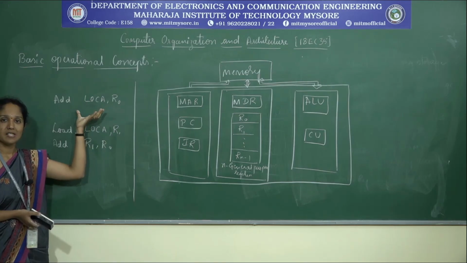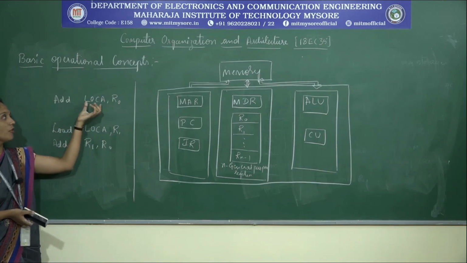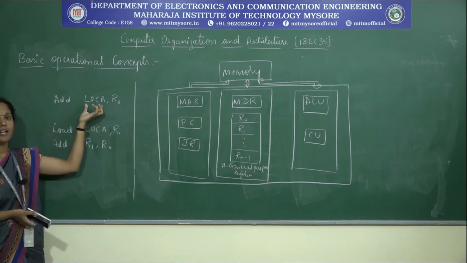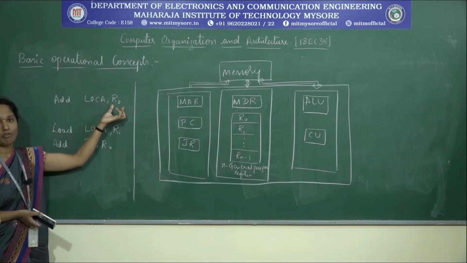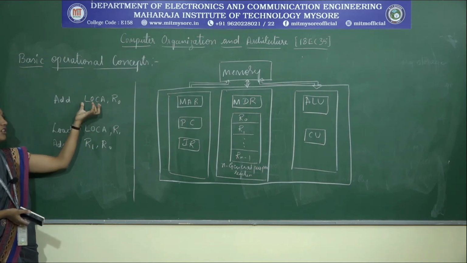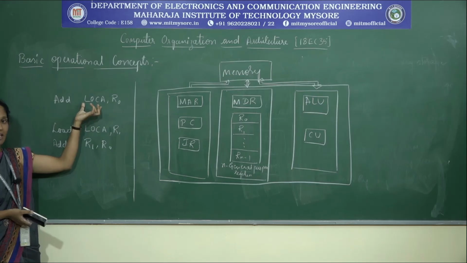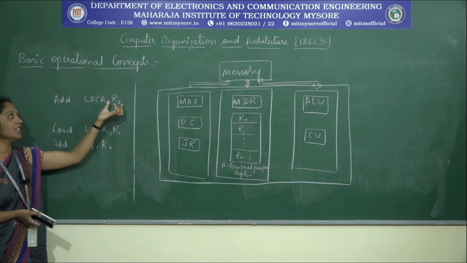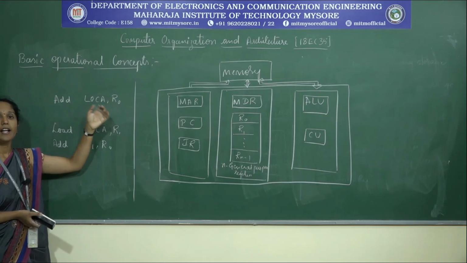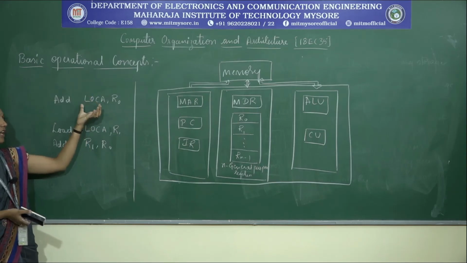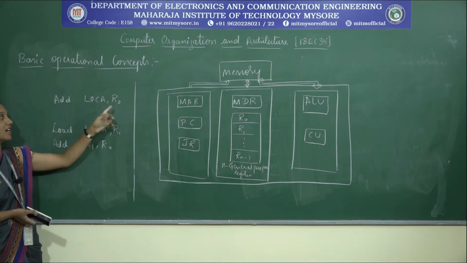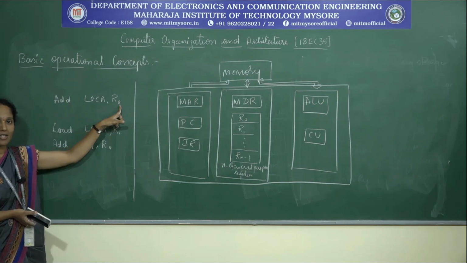So when this is executed, the addition of the memory location LOCA will be done with the contents of R0. In the memory location LOCA you will have an operand that will be added with the contents of R0, and in this case contents of LOCA are preserved, whereas contents of R0 will be overwritten.